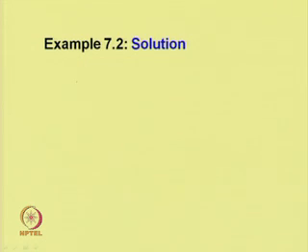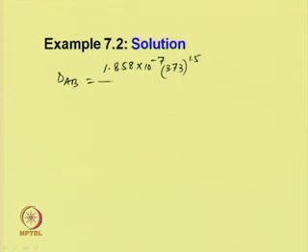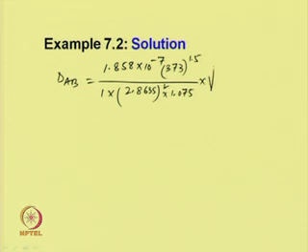Now, if we substitute all these values in the equation, DAB will be 1.858 into 10 to the power minus 7, T is 100 degree centigrade, that is 373 to the power 1.5 divided by 1 into 2.8635 square into 1.075, multiplied by root over 1 by 17 plus 1 by 2.